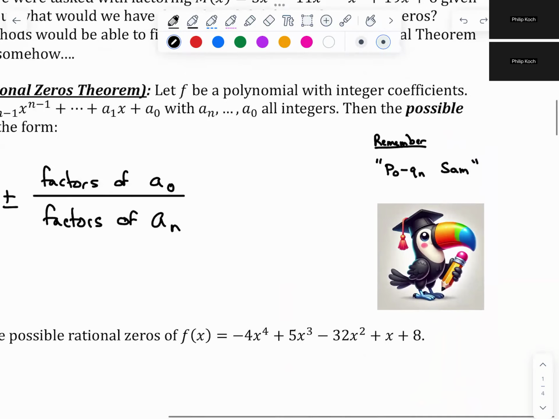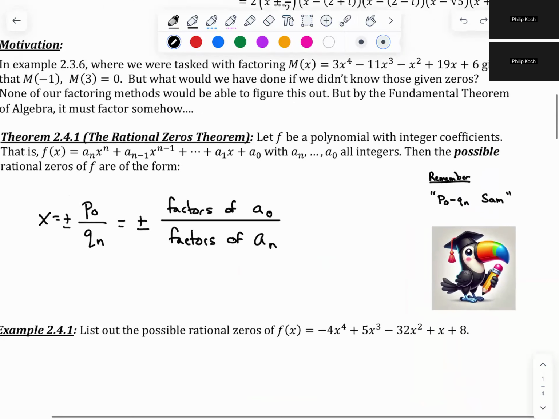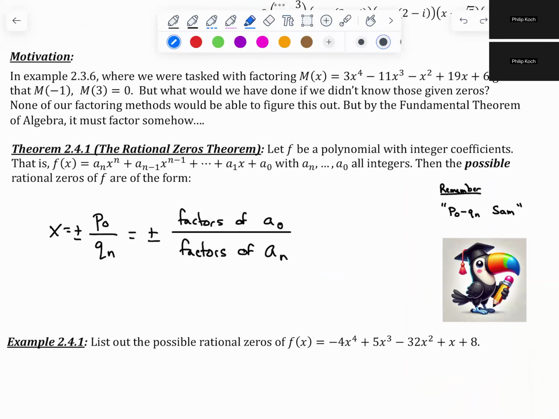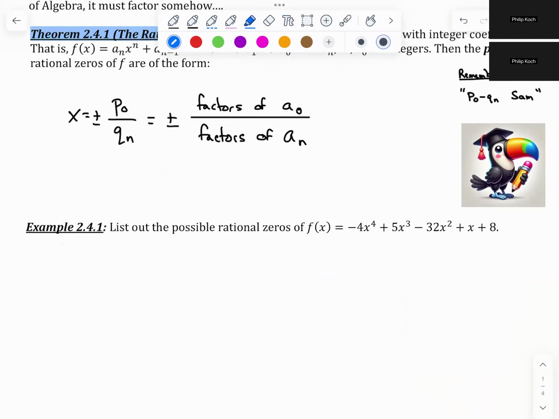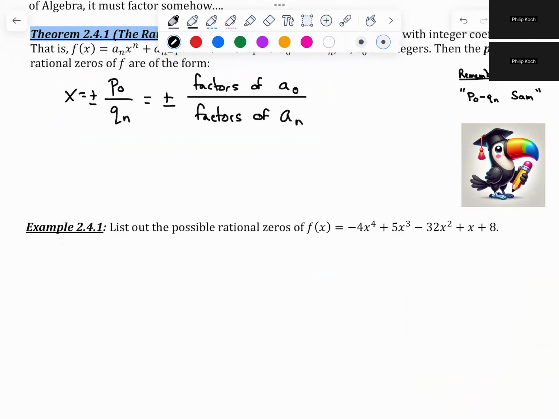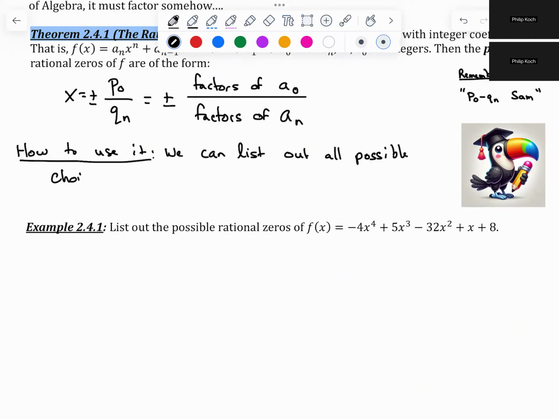Anyways, okay. So how do we use it? How do we actually use it? I should actually add that here. I'm actually going to move this up and say how to use it. You could also put this underneath example 2.4.1 if you didn't have enough space. We don't need too much space for 2.4.1.